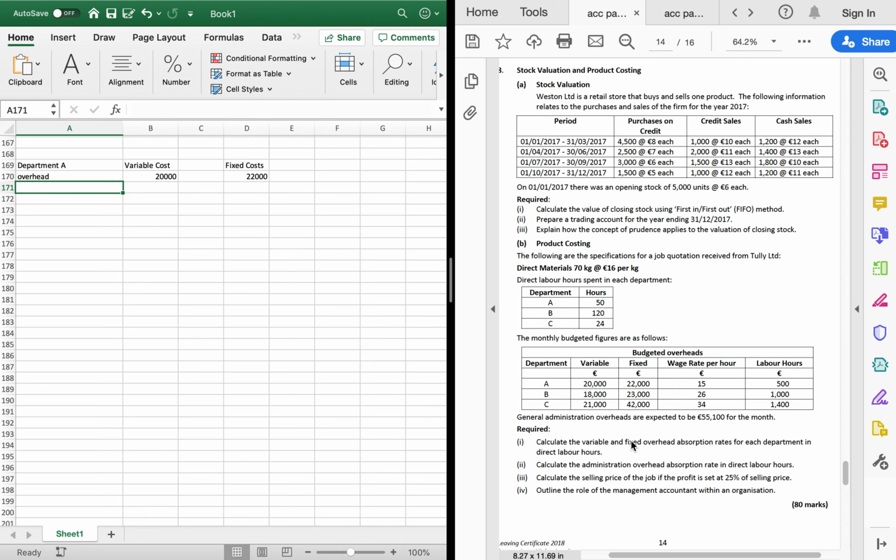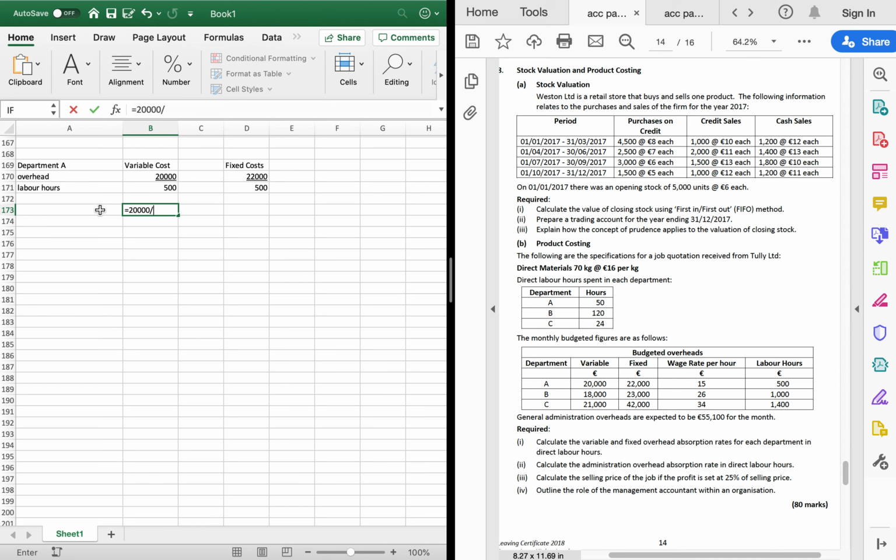We're asked to do per labor hour. So the hours, they're 500 hours for Department A. So we've got 20,000 over 500 hours. We just divide them in.